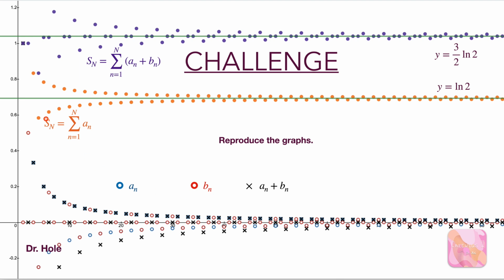Then the orange dots are the sum of the ANs. And the purple dots are the sum of the ANs plus BNs, where the orange dots limit out to ln of 2 and the purple dots limit out to 3/2 ln of 2.